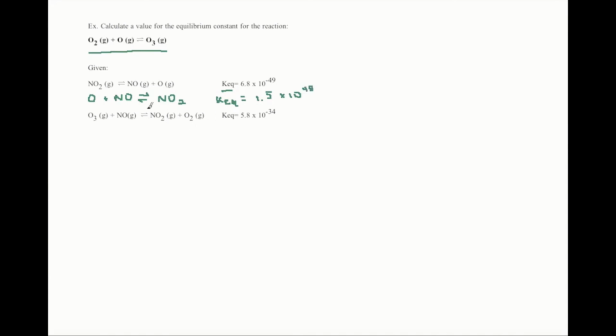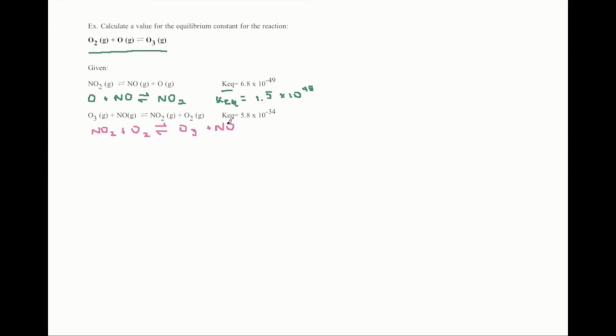Okay. Now, if you look here, I want O3 on my product side, so I'm also going to have to flip this reaction. So I'm going to do NO2 reacts with oxygen, and it forms O3 and NO. All right, since I flipped this reaction, I also need to flip my equilibrium constant by finding the reciprocal of it.